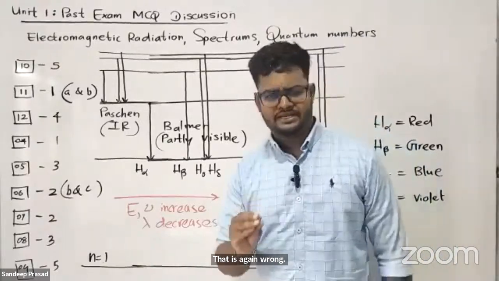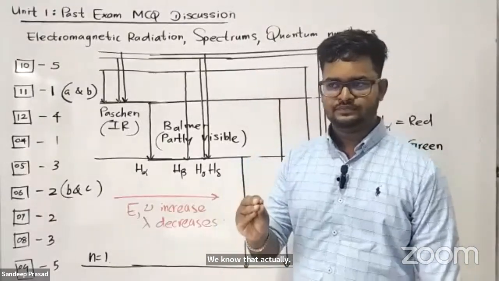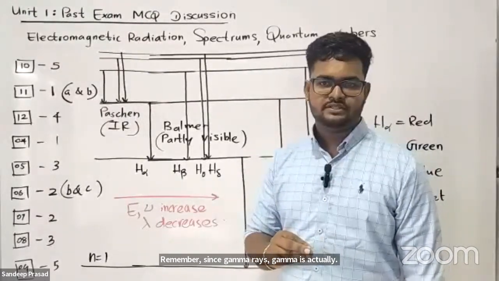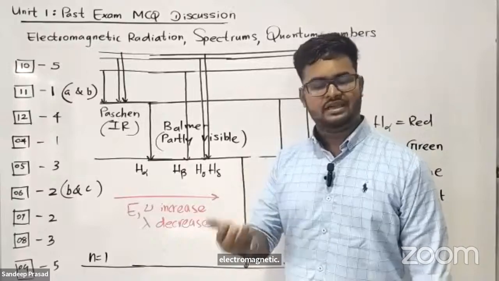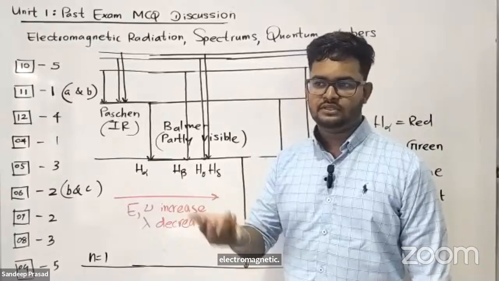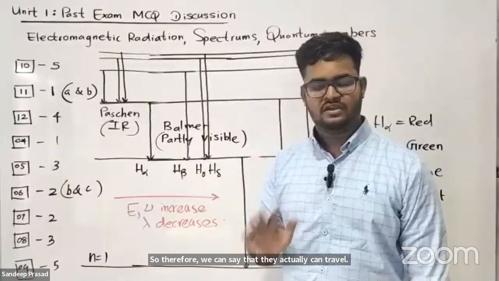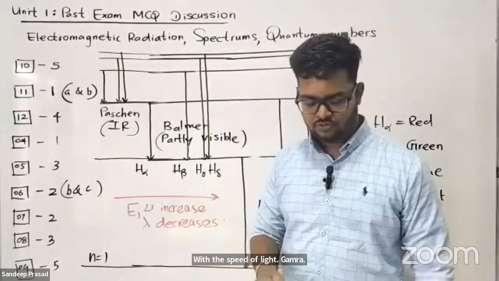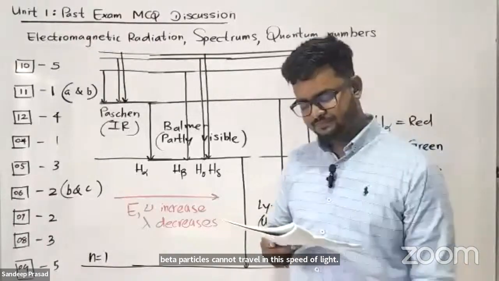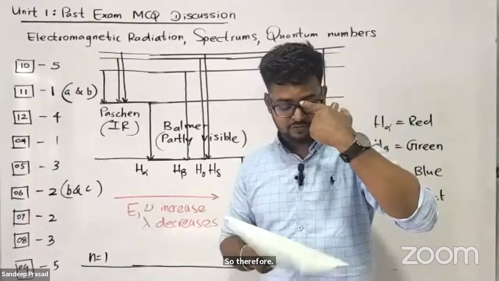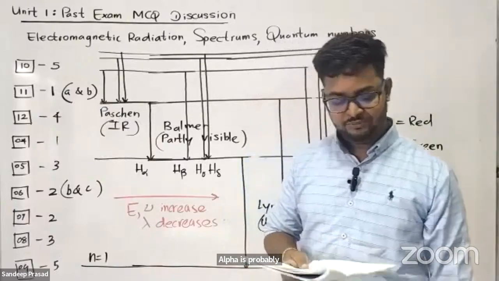Remember students, gamma rays are a type of electromagnetic radiation, so they can travel with the speed of light, but alpha and beta particles cannot travel at the speed of light. So that is wrong. I think that should be the answer for this one.